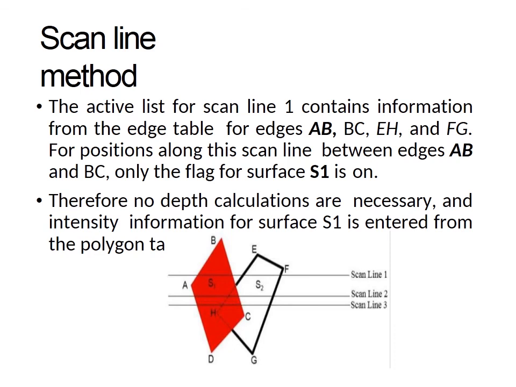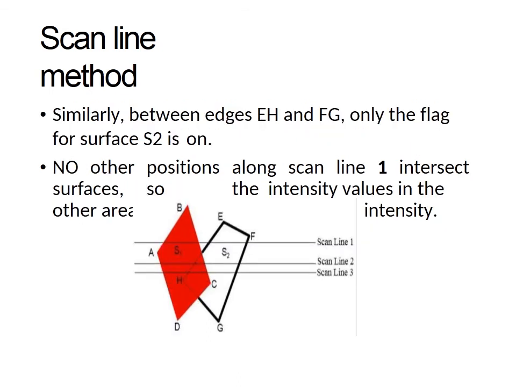information from the edge table for edges AB, BC, EH and FG. For positions along this scan line between edges AB and BC, only the flag for surface S1 is on. Therefore, no depth calculations are necessary, and intensity information for surface S1 is entered from the polygon table.